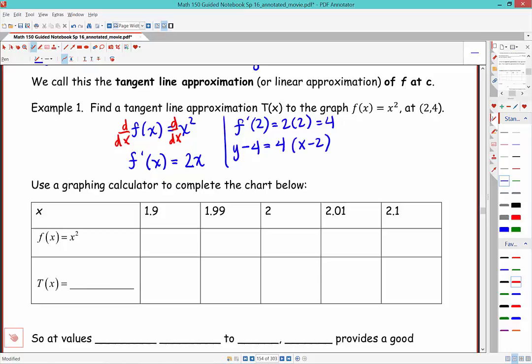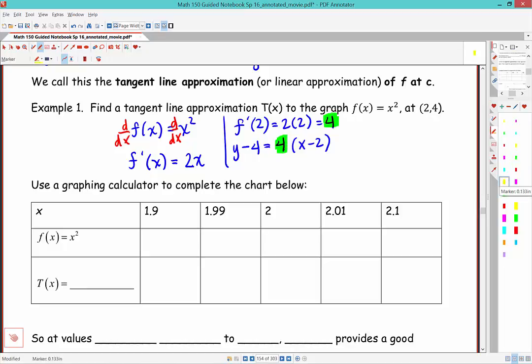So let's see how everything matched up. The slope was this 4 over here. Our y value when x is 2 was 4, so that's where we got that. And we're interested at x equal to 2, so we used x equal to 2 in both the derivative function and to make the equation of our line.